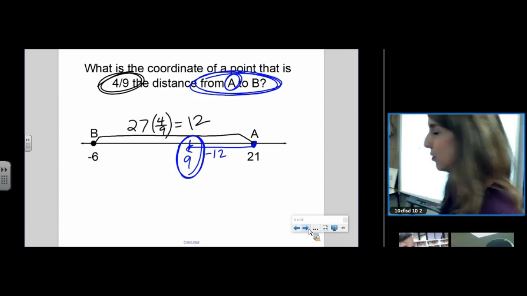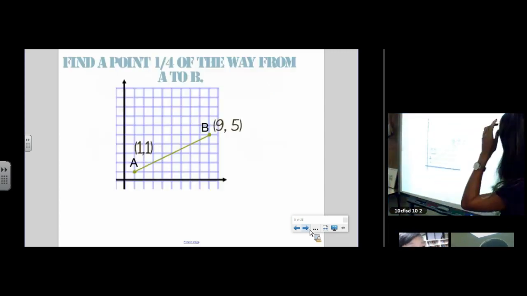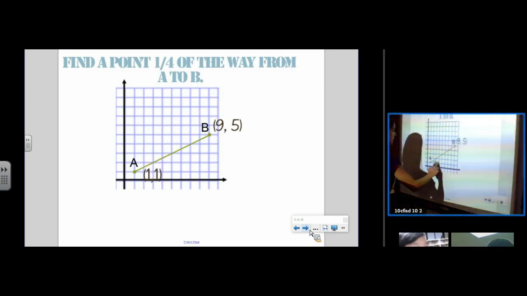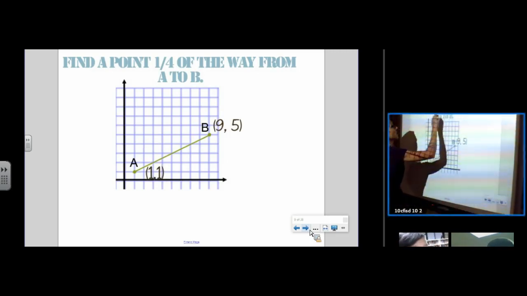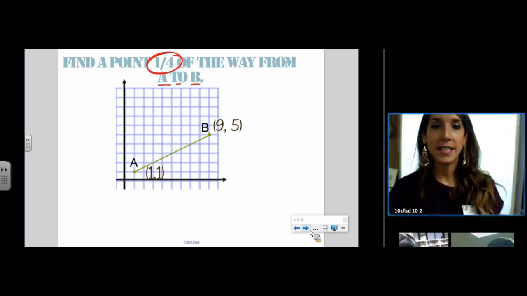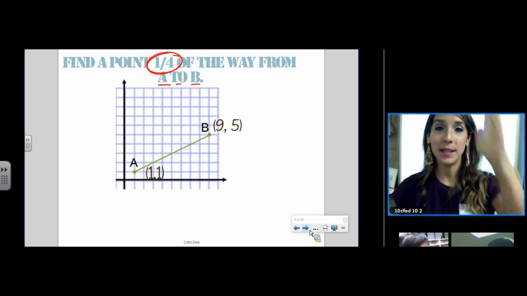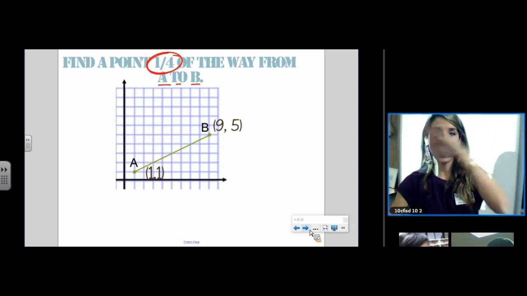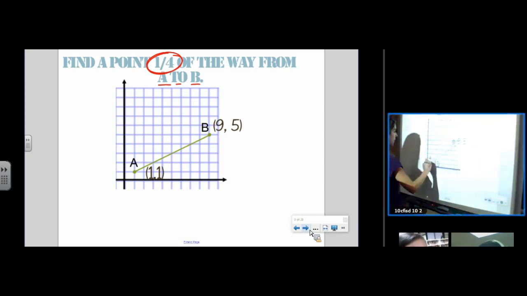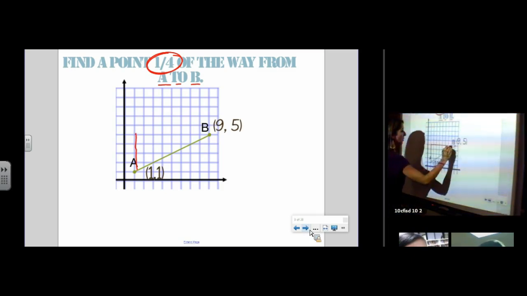We're going to do it two-dimensionally. Here we go. Find the point that is 1/4 of the distance from A to B. We're going to do the same steps we did, but we're going to do it to the horizontal, and we're going to do it to the vertical, because now we've got a rise and a run, not just a run. So what we're going to do first is find the rise and the run.